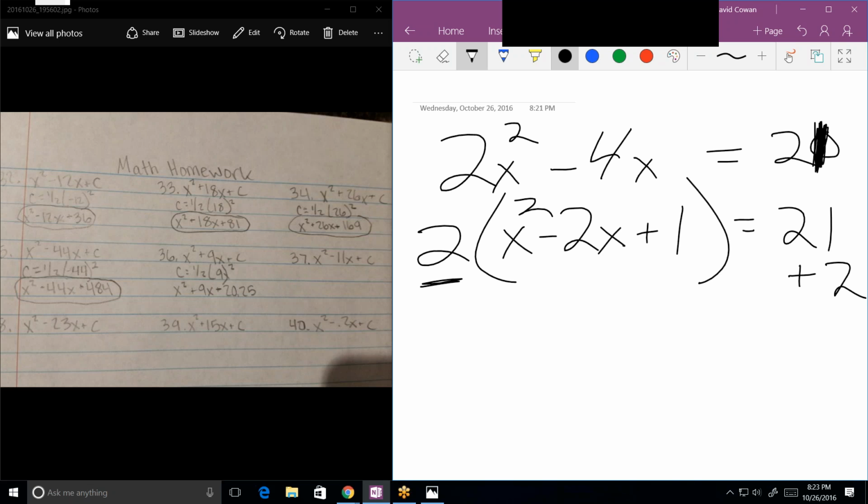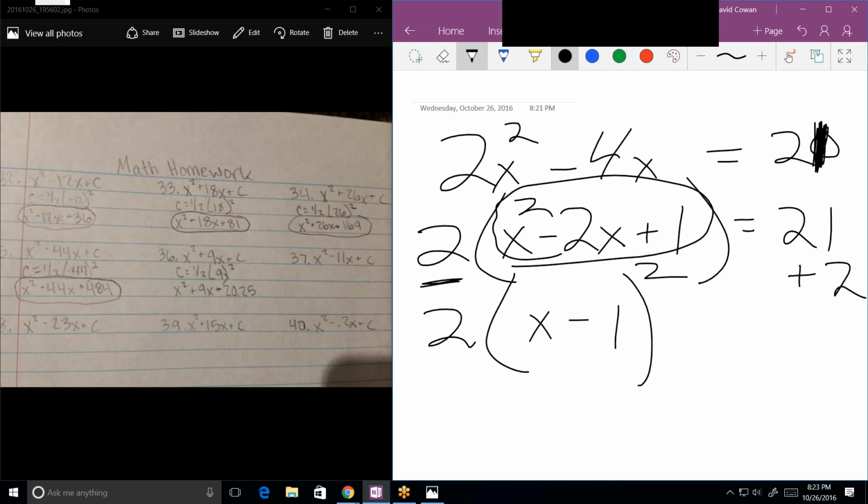Now I can say 2 times what? 2 times x minus 1, squared. That's what this thing is equal to. On the right side, I now have 23.